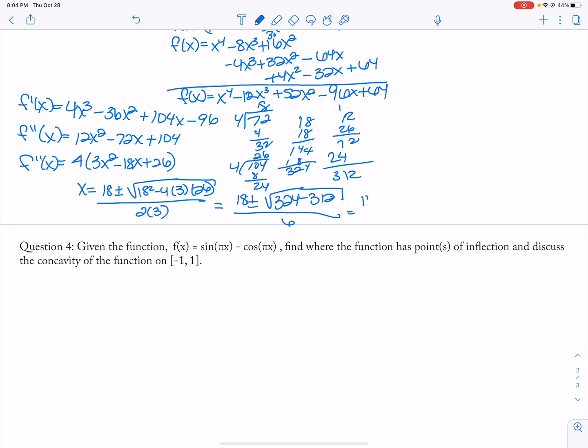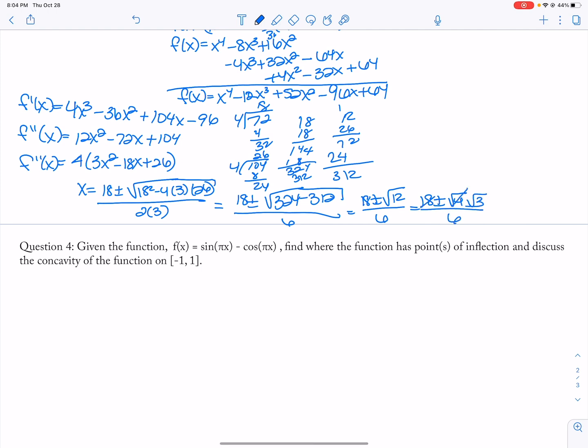So 18 plus or minus root 12 over 6. That is 18 plus or minus root 4 times root 3 over 6.